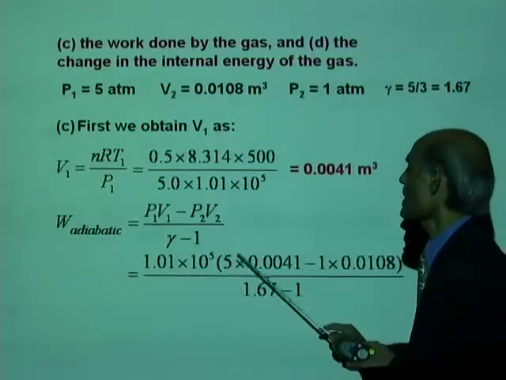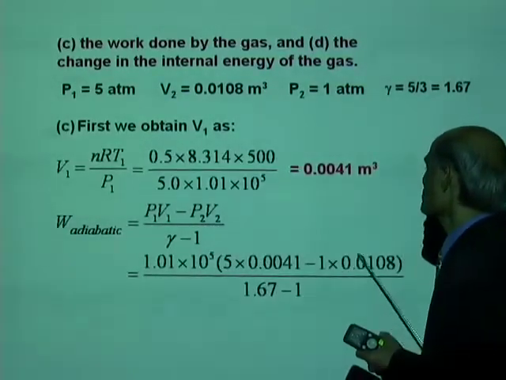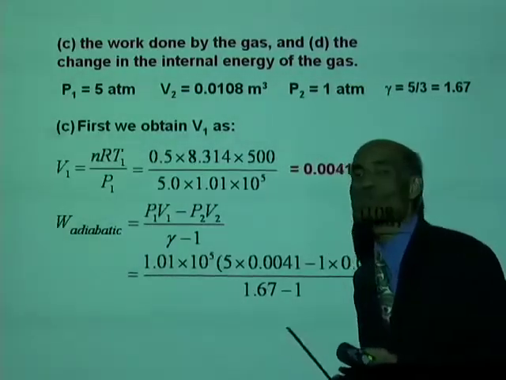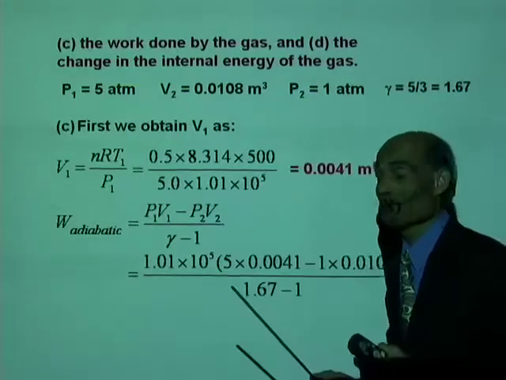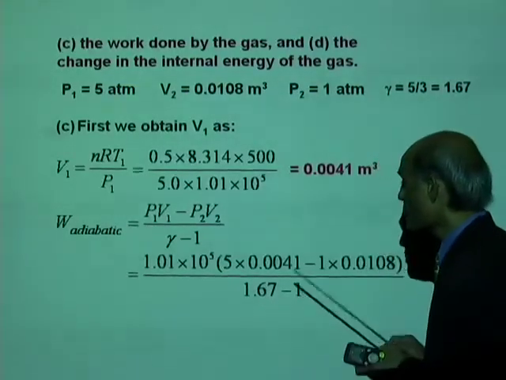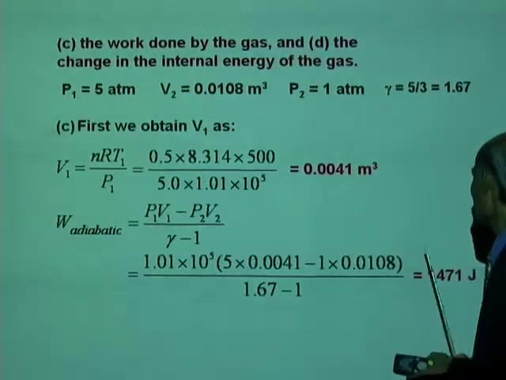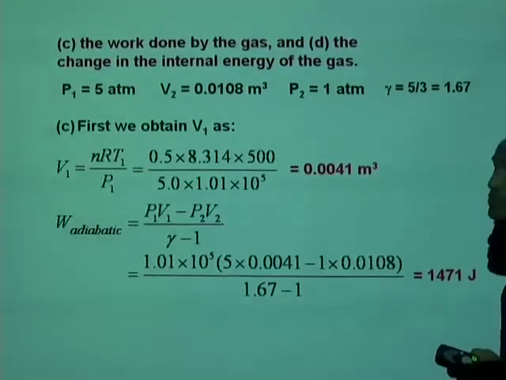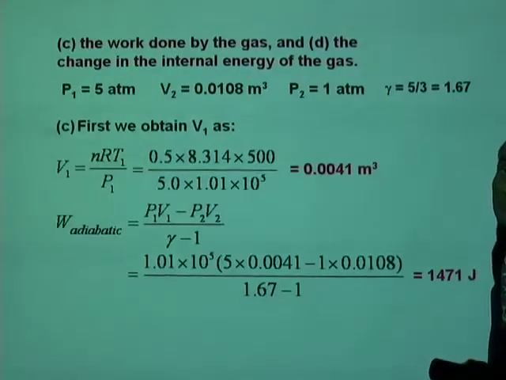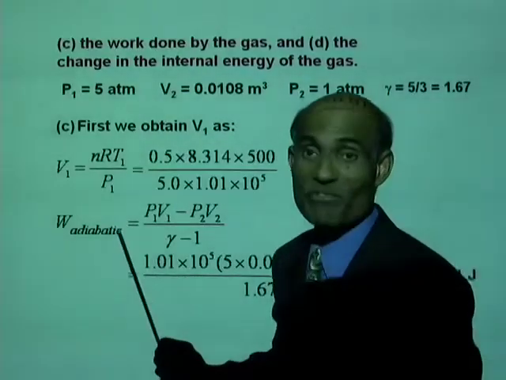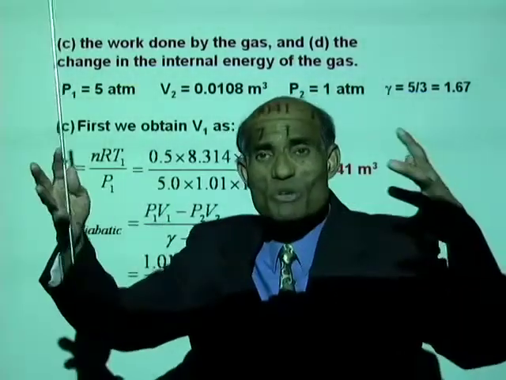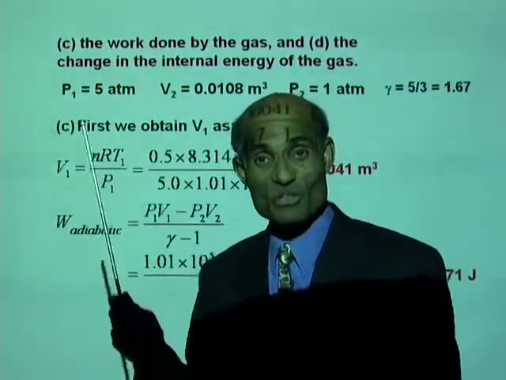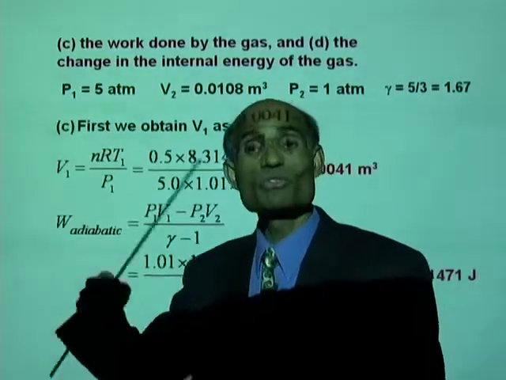You see, P1 V1 minus P2 V2, multiply that by 1.01 times 10 to the 5, divided by gamma minus 1, and that is 1471 joules, the amount of work done. Now this problem in fact consists of all the principles we discussed so far in adiabatic expansion. So if you can do this problem, you can do any problem.